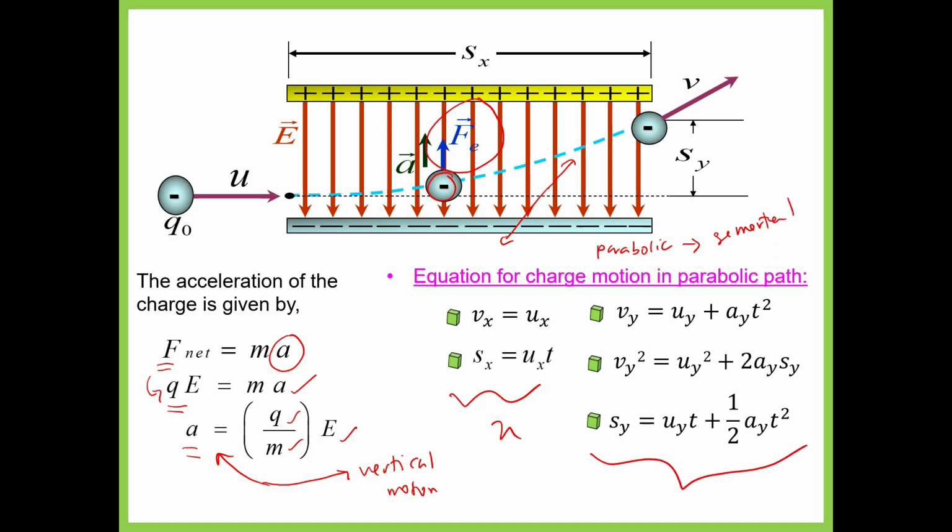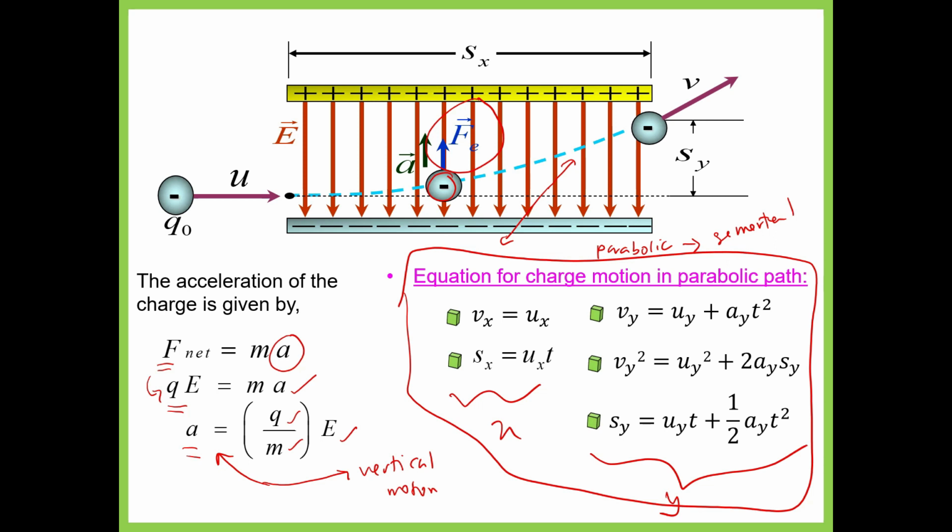We have a few equations. So please recall what you have learned, and you are going to apply these equations for the case of charge moving perpendicularly to the electric field. So ay here for the y-axis is equal to this term of acceleration.